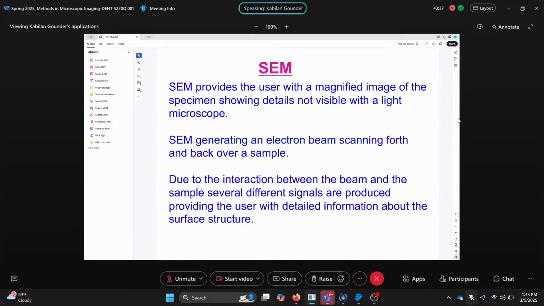So when the samples are put in the chamber and you generate the electrons, they pass from the electron source to hit the samples. And instead of penetrating the samples, they bounce back so that you are able to see the surface of the samples.